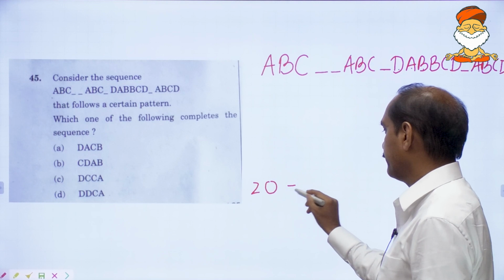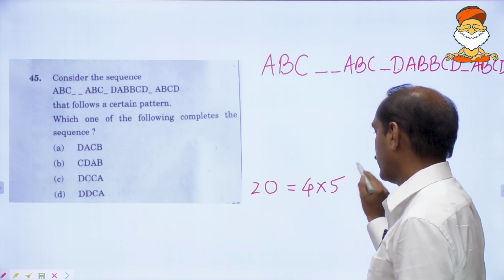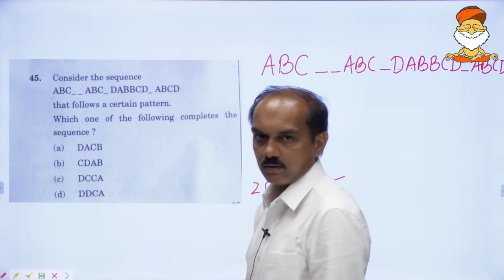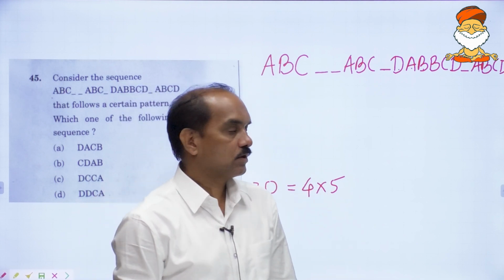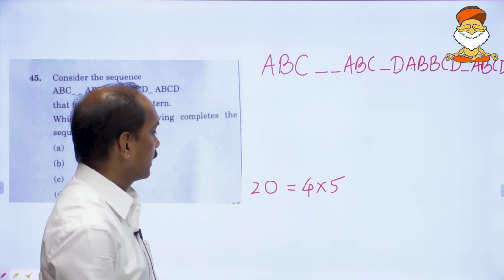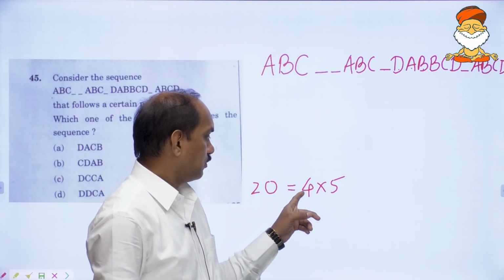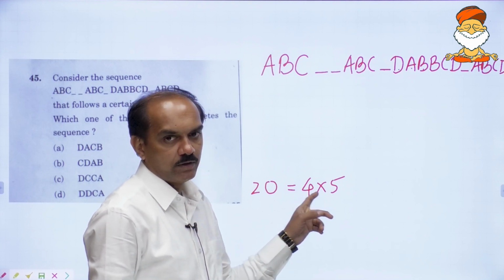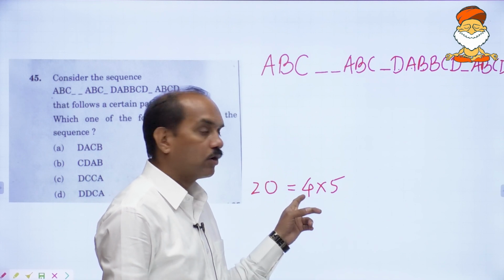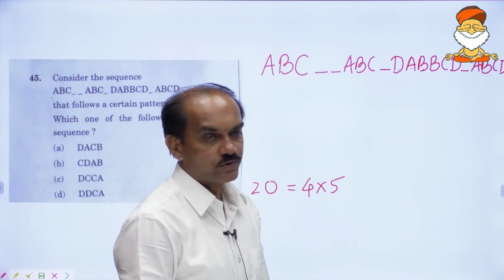What do you mean by 20? 4 5s are 20. So it will be a group of 4 items, then you will get 5 groups. Otherwise, 4 groups of 5 items each.